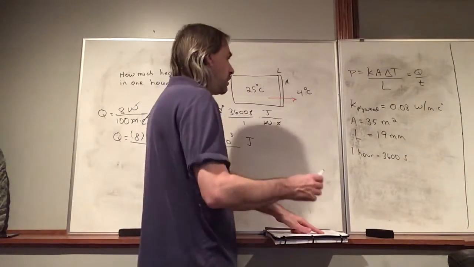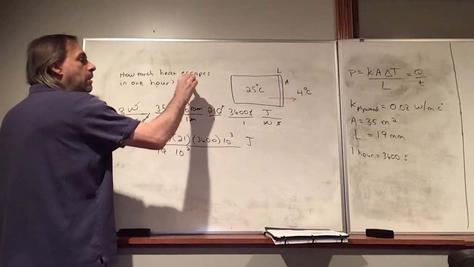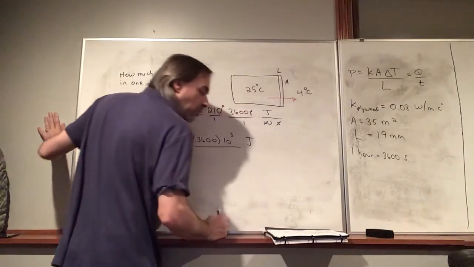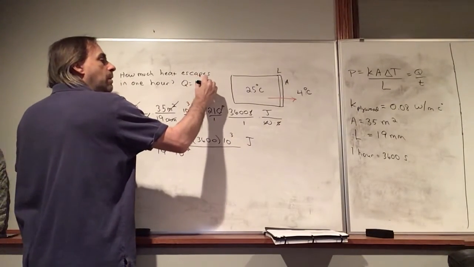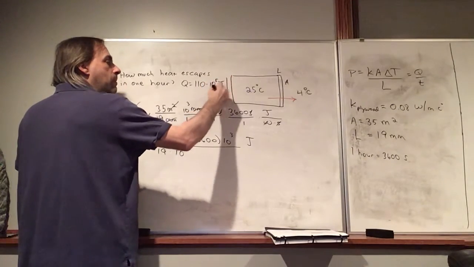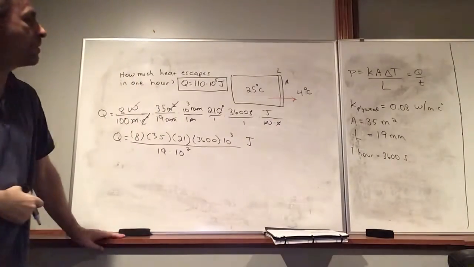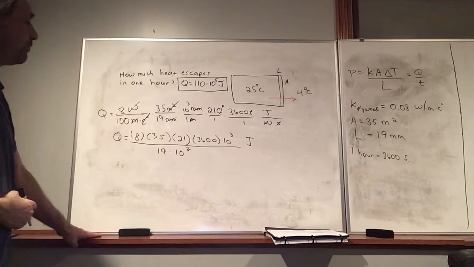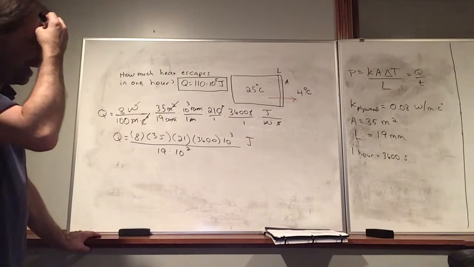We get, here's our answer, Q equals, I'm going to write it just as it is in the notes, 110 times 10 to the 5th power joules. So again, you just multiply all this out. That's what we'll get. Okay.